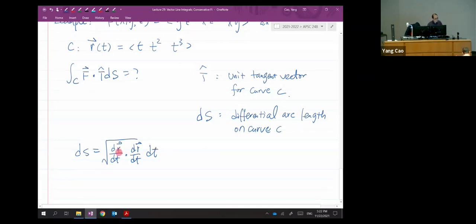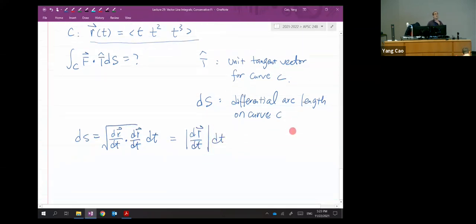And r right here is the parametric equation for the curve C. Inside, you have a dot product of the derivative dr over dt with itself, and this is equivalent to writing it as the absolute value of dr over dt, times dt. Your dot product is a scalar quantity, so you should end up with a scalar quantity. This is your ds.